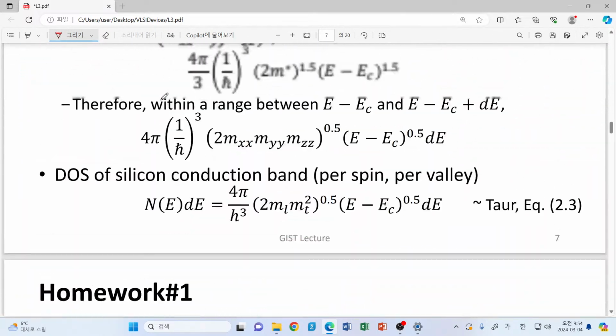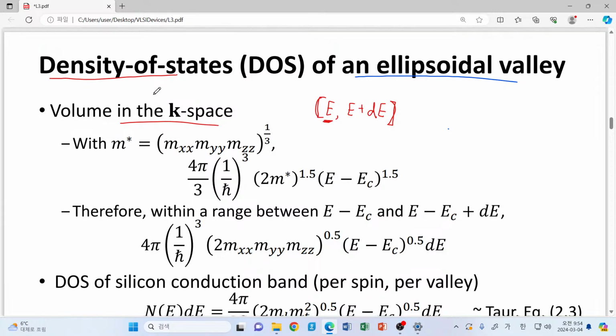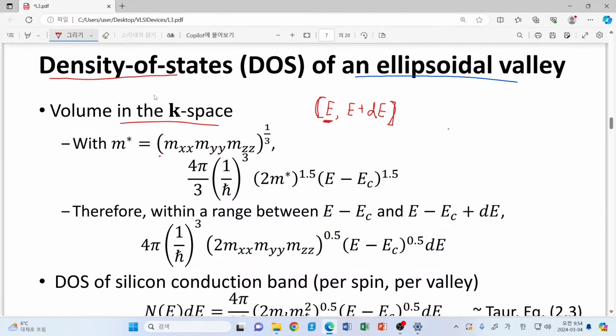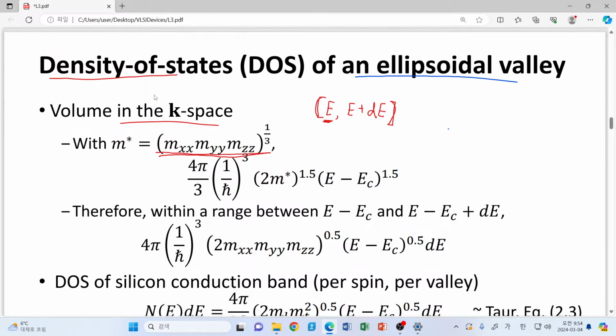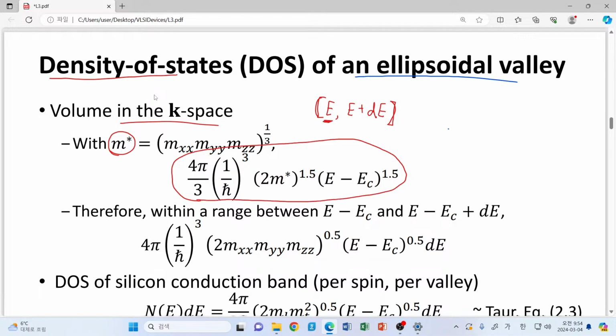The volume of an ellipsoid is not that easy, but you can find that using certain effective mass notation I've written here, and using this notation you can find the expression for your volume.